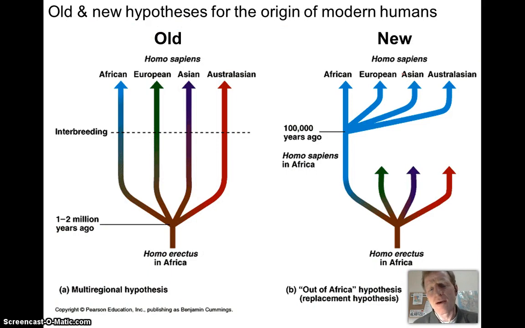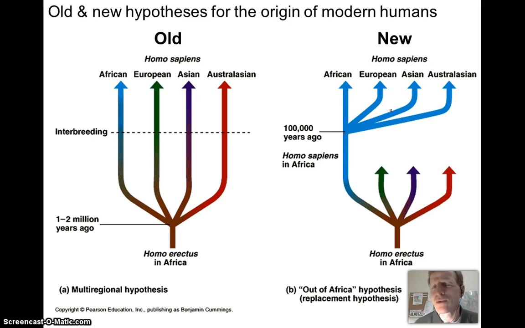One earlier theory we had about human evolution is that about 1 to 2 million years ago, all the different races broke off and moved to different continents. But today we know there was actually a genetic bottleneck. Remember that term? About 100,000 years ago, they think basically one tribe of folks in East Africa was basically all the surviving Homo sapiens, and that from that group, Africans, Europeans, Asians, and Australians, native Australians, emerged.